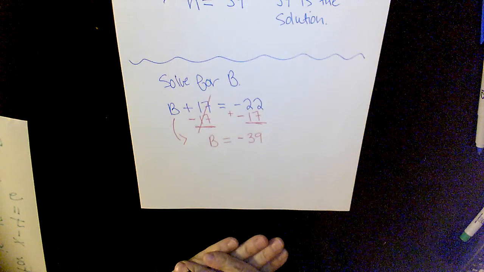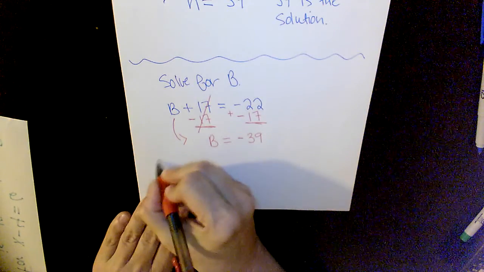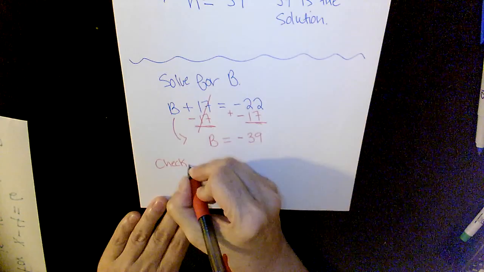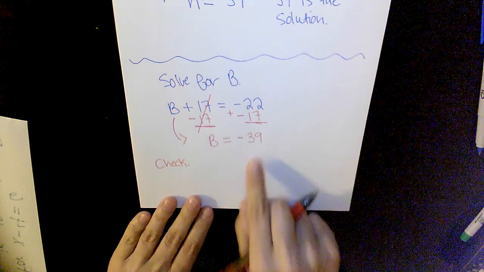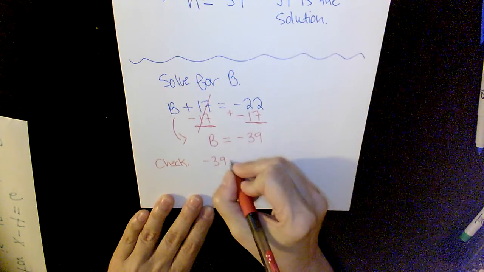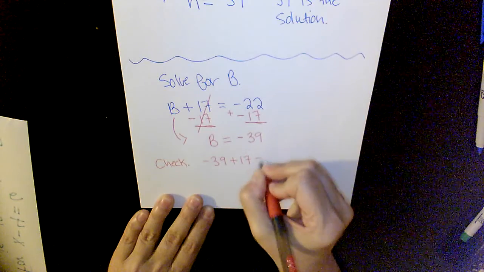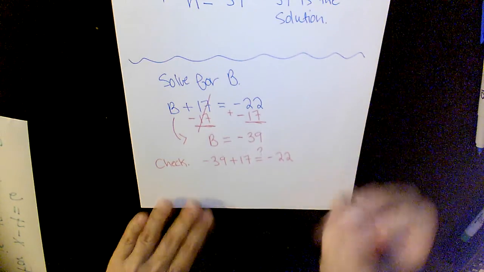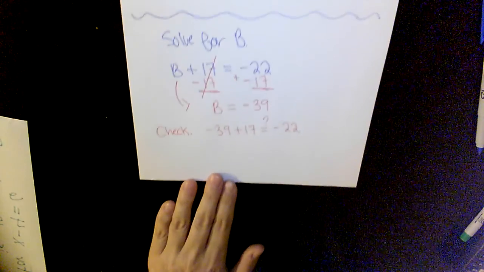Now let's do a check on this. We didn't check the one up above, but let's check this one. Okay, so I'm going to put negative 39 in for b, and I'm going to add 17, and I'm going to see if that gets me to a negative 22.